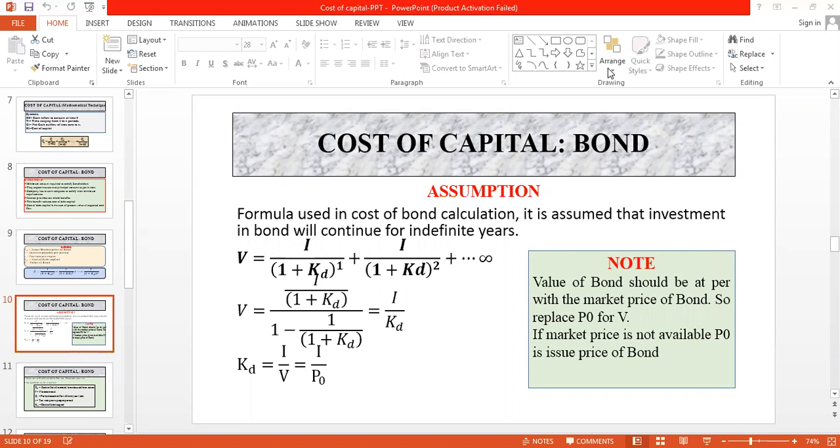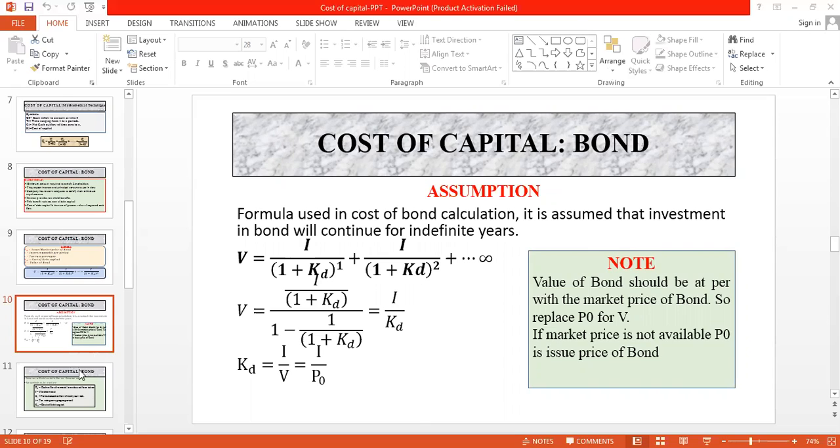On that basis, we developed a very simple formula, which is Kg is equal to I by P0. That means the periodical interest amount is divided by the market price of the bond to get the cost of debt capital.